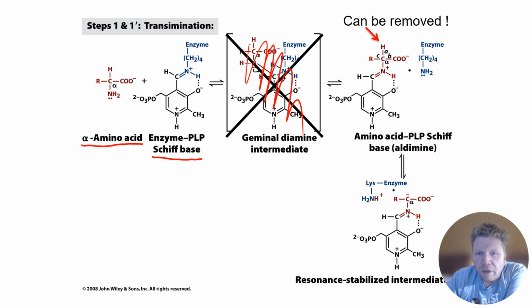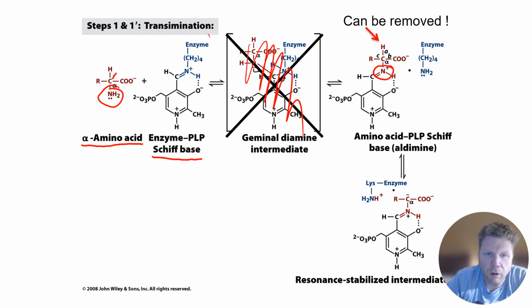All of the major players, all of the different species and their charges, are largely the same, except rather than a lysine residue forming a bond with our PLP, it's the amino terminus of our amino acid that forms our bond with our PLP molecule.